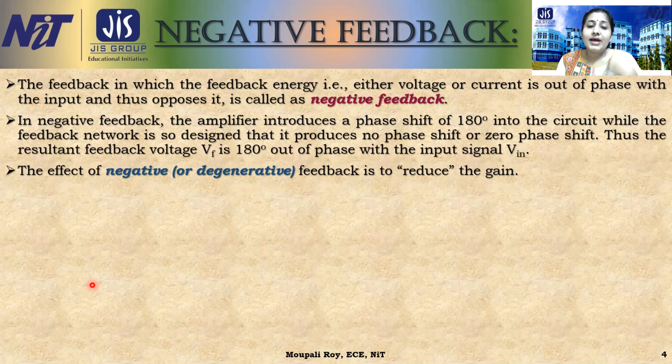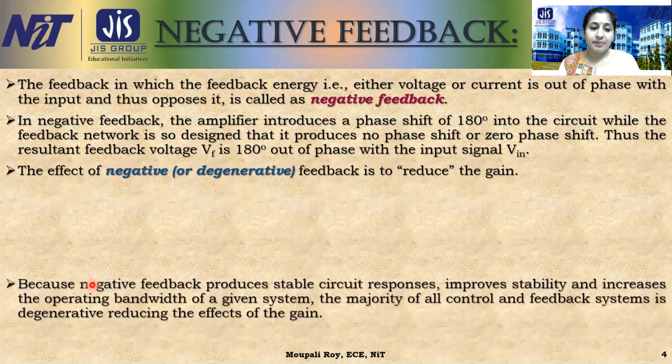When we get reduced gain, the system is more stable, because our target gain, output by input, is always 1, and the system is stable if output by input equals 1. So our target is this. If this negativity reduces the gain, then the system becomes stable.